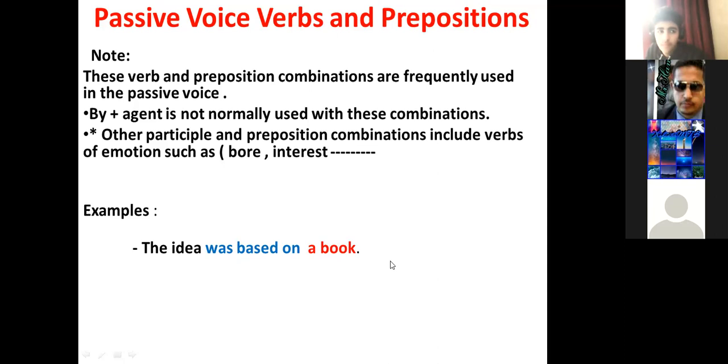We have a list of these verbs, but they are used here as adjectives. Another example: "They are interested in sports." Also here, it's an adjective, but the form that we can see is passive voice. You follow me?